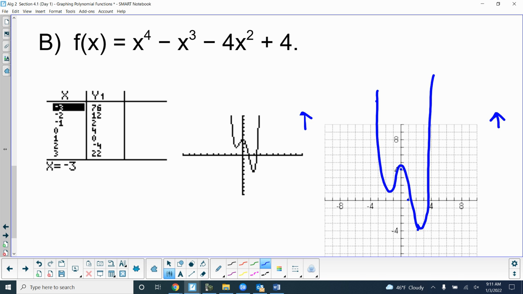Okay? So use your calculator to help you on the graphing part. You really don't need the calculator to help you on the end behavior, but if you need that, you can do that. Evaluate is just plugging it in, right?